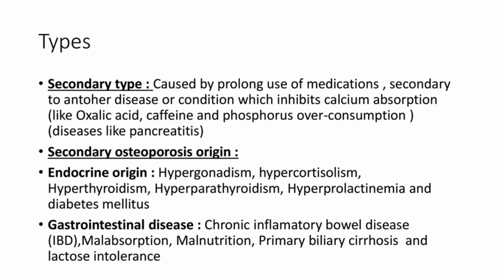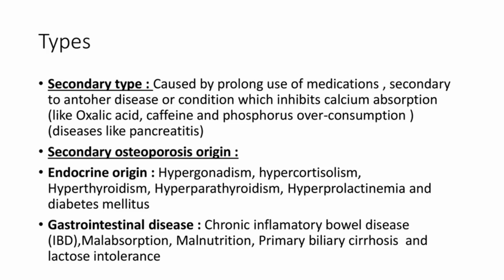For the secondary osteoporosis origin, we have endocrine origin, meaning that if a person has hypergonadism or hypercortisolism. Hypergonadism means that a person has a high hormonal secretion of the endocrine glands, and hypercortisolism means a person has high cortisol.